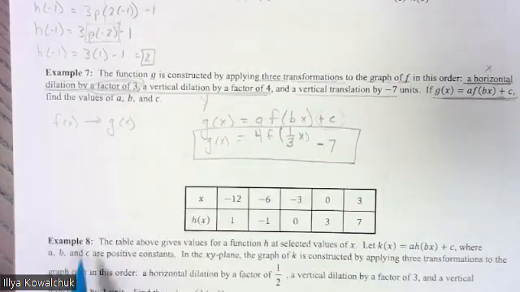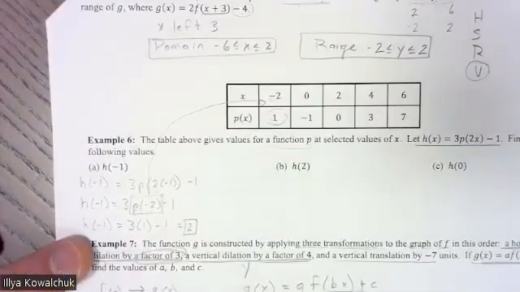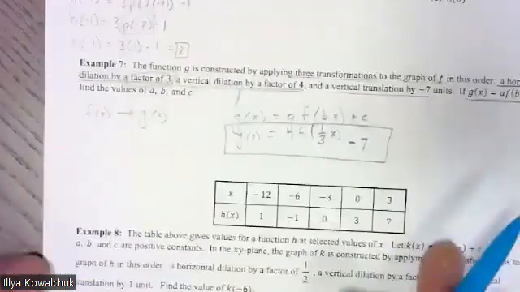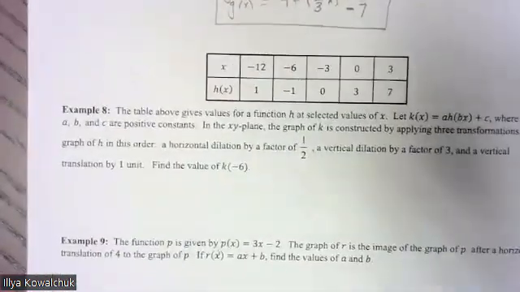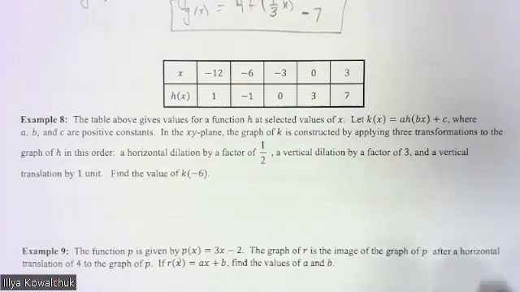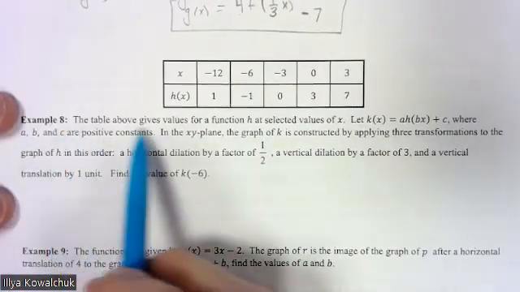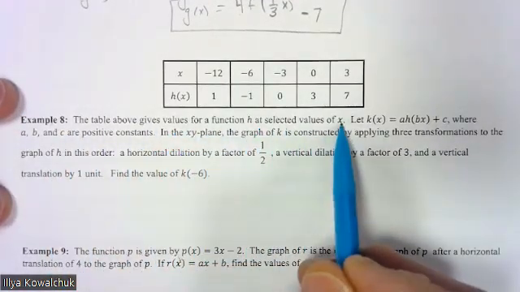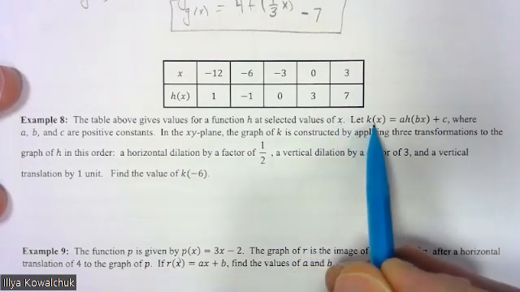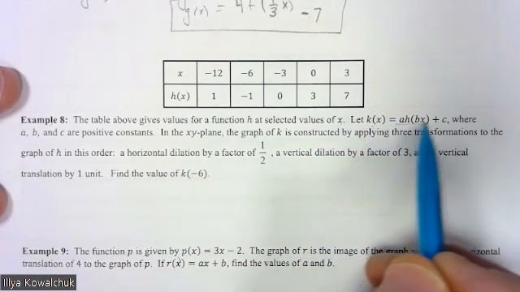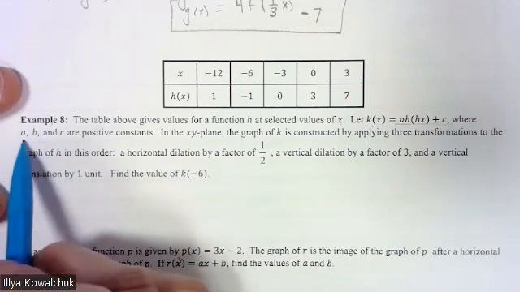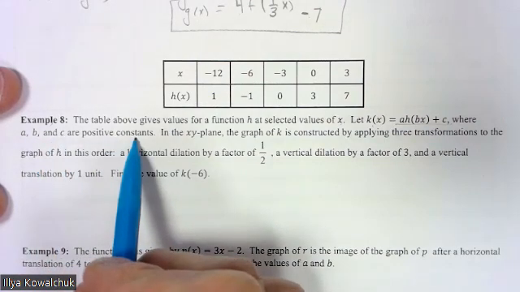All right. Now, example 8 combines example 7 and example 6. So let's put that all together now. We're not going to do an example 9, so we'll just stop at example 8. The table above gives values for a function h at selected values of x. Let k of x be the same kind of thing we just talked about, where a, b, and c are positive constants.